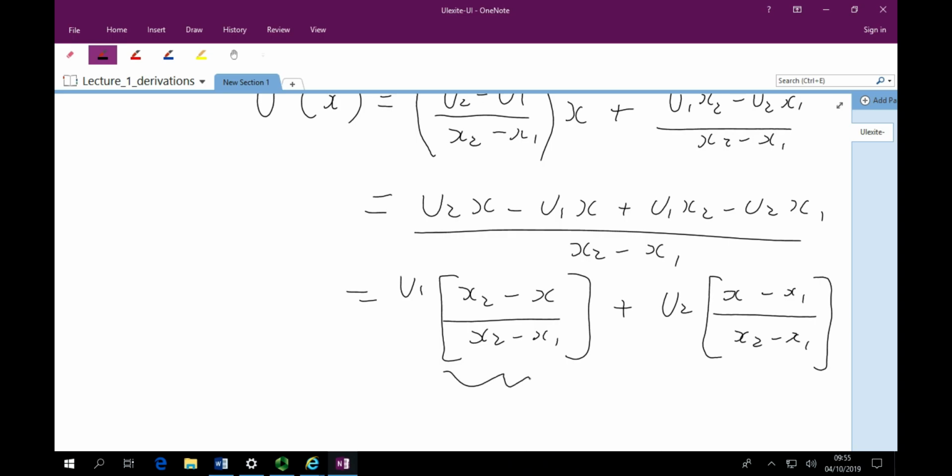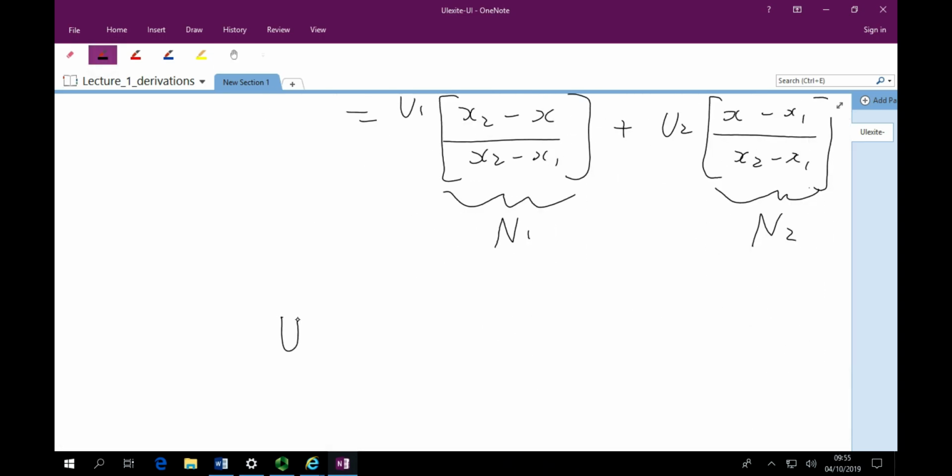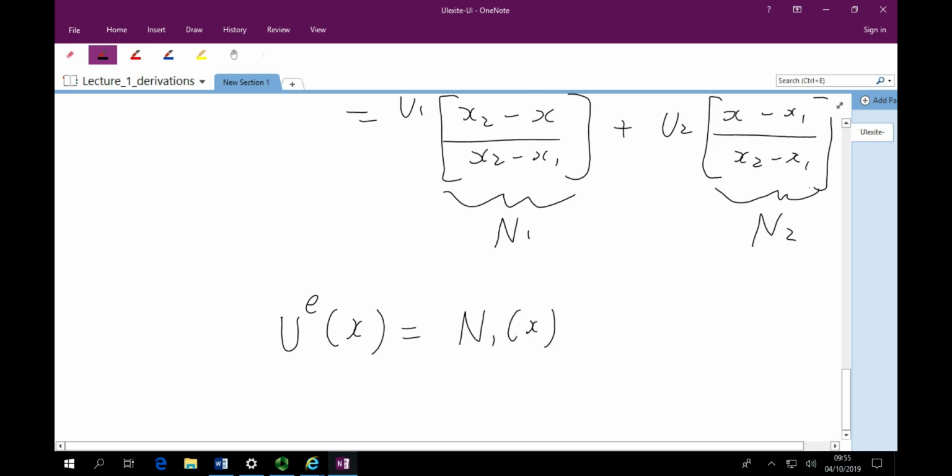Okay, so these are what we call our interpolation functions. This is n1 and this is n2. Okay, perfect. So that then gives us, just finally, an expression for u element as a function of x: n1, which is a function of x, times u1, plus u2 times n2, which is a function of x.